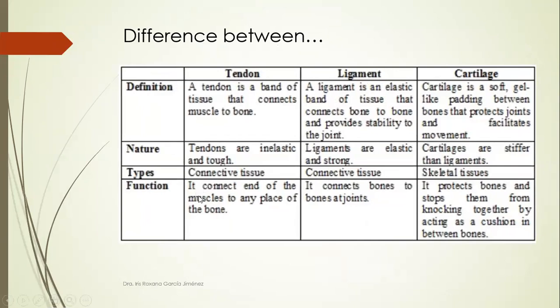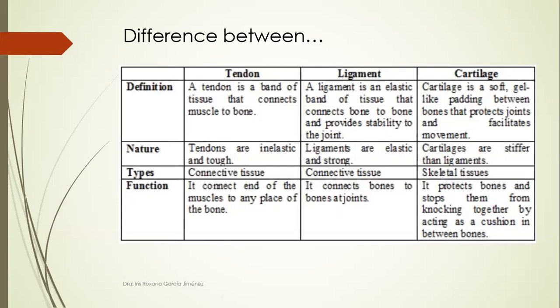It connects ends of the muscles to any place of the bone. The ligament is an elastic band of tissue that connects bone to bone and provides stability to the joint. They are elastic and strong. They are also connective tissue, and it connects bones to bones at joints.